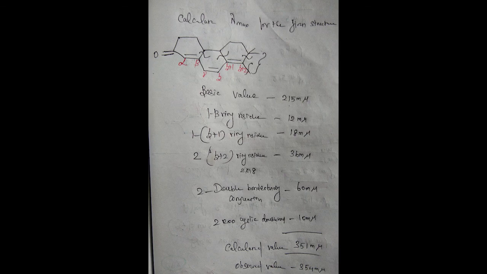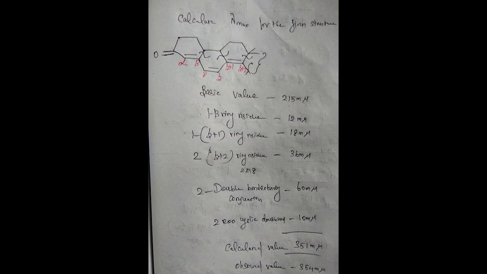Compute lambda max for the given compound. Here the basic value for an alpha beta unsaturated 6-membered cyclic ketone is 215 millimicron. You can see the ring residue at the beta position and also at delta plus 1 and delta plus 2 positions.